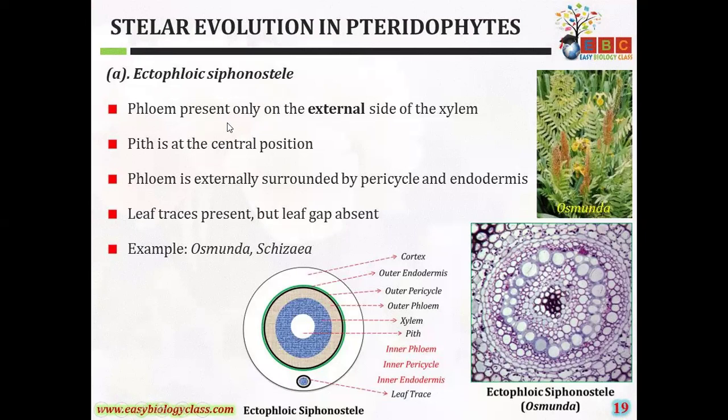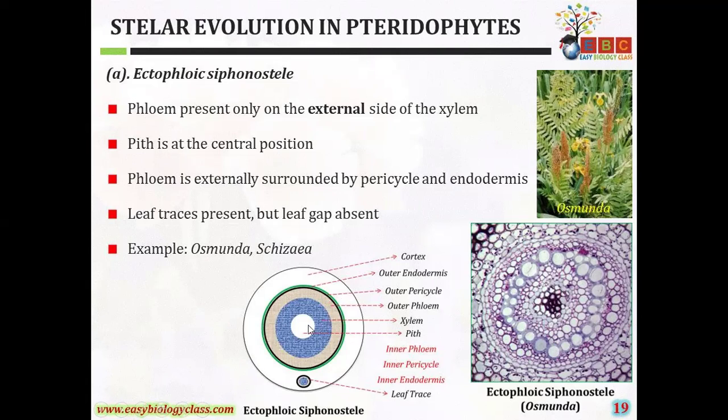That is, the phloem is going to be seen here, on the external side of the xylem. The blue color in the diagram is the xylem, and this is the central pith region. Outside the xylem is the phloem. And this phloem is externally surrounded by a single layer of endodermis as well as the pericycle.